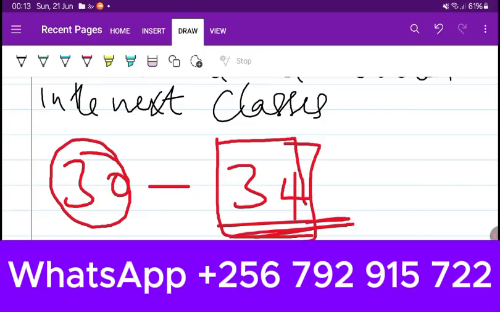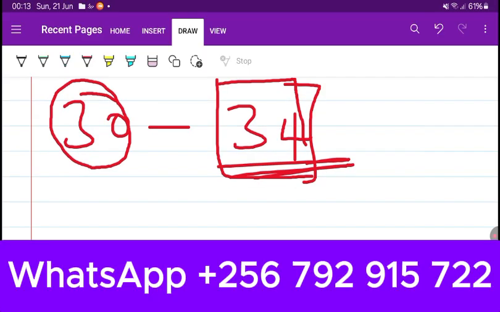How is it going to happen? Now the next class will start with 34, maybe to 44.